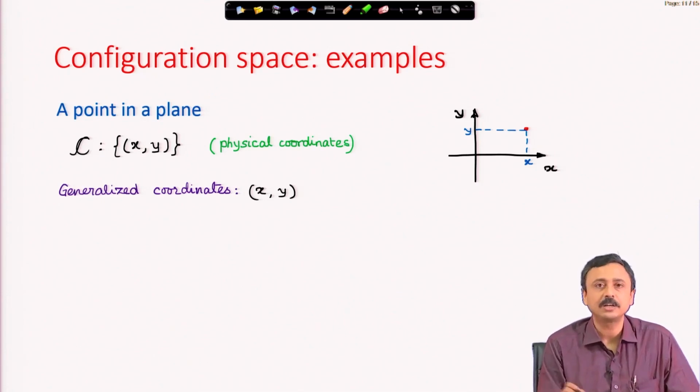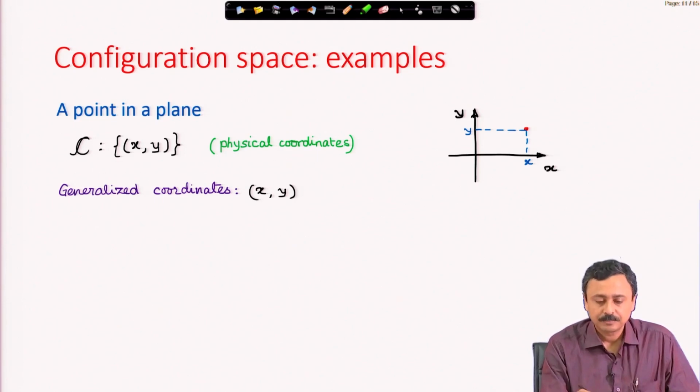We can measure these generalized coordinates, but not in every system can we possibly measure. Physical coordinates we can always measure, but generalized coordinates are usually abstract coordinates, which I can always map to the physical coordinates, and the generalized coordinates are the minimum number of such coordinates which can completely specify all physical coordinates of the system.